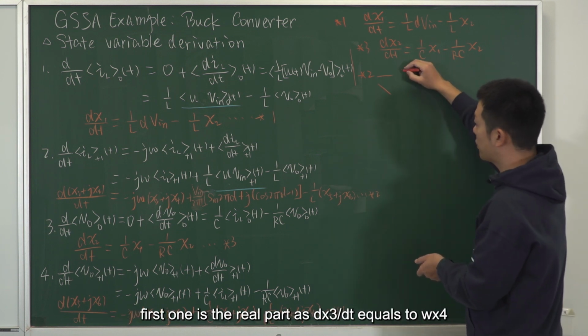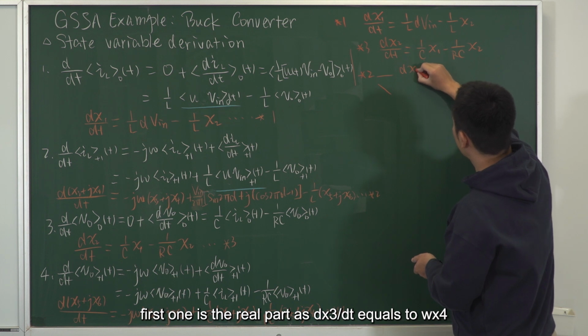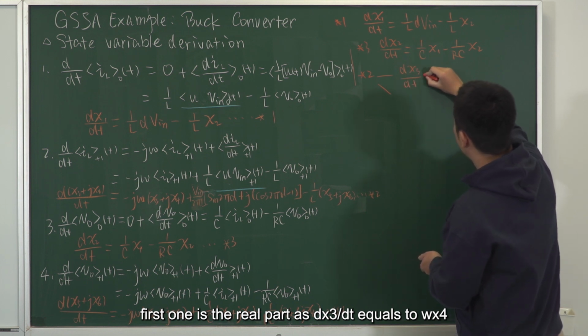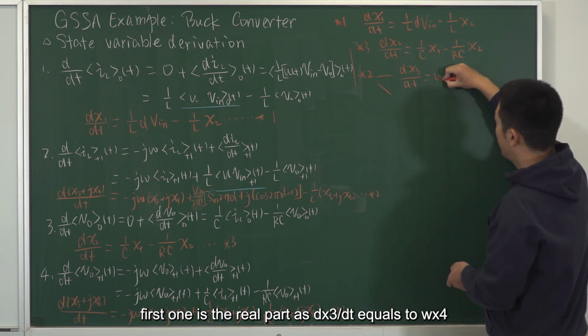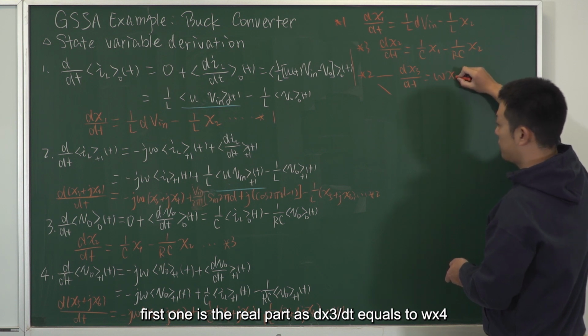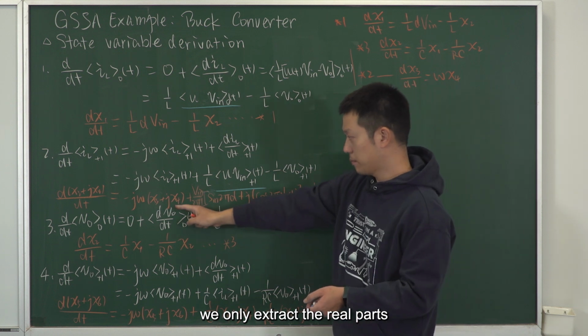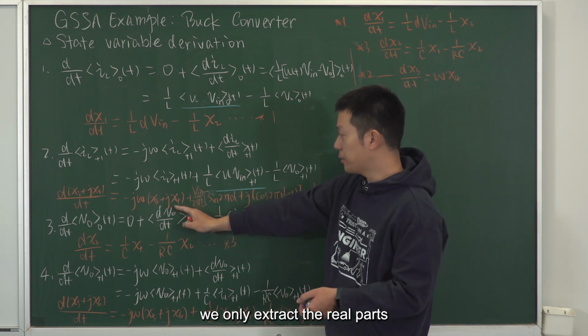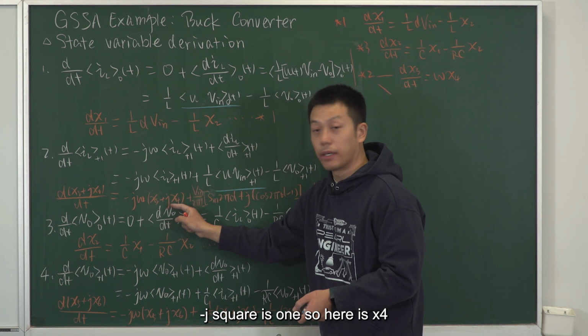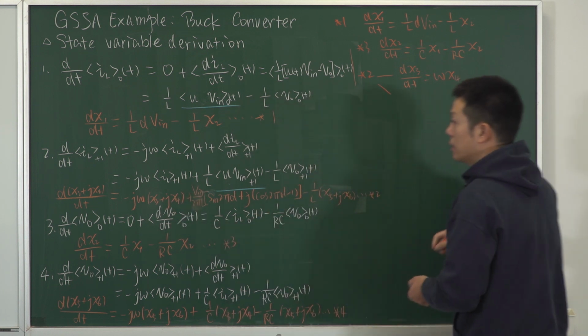First one is the real part: dx3 over dt equals omega x4. We only extract the real parts, right? Minus j squared is 1, so here is x4.